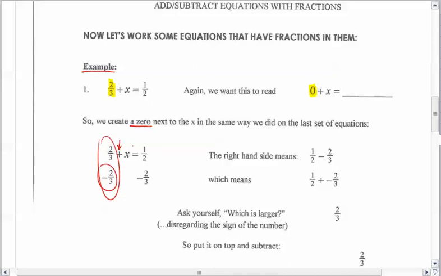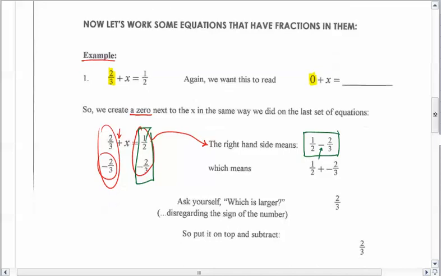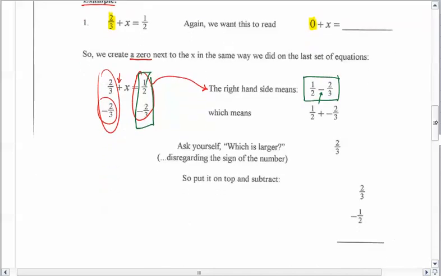So this right side means 1/2 minus 2/3, right? If I just take it from a vertical position and write it horizontally, then I know that it means 1/2 minus 2/3. Now I'm going to fix the subtraction, and that means 1/2 plus negative 2/3. Then I go through the 3 steps.